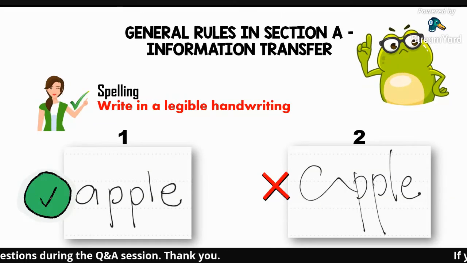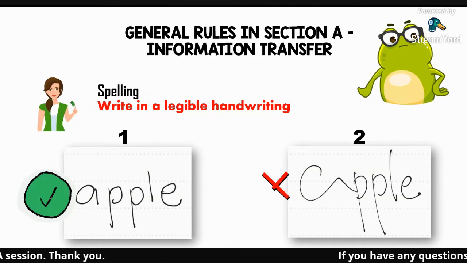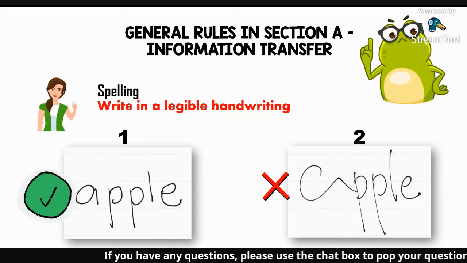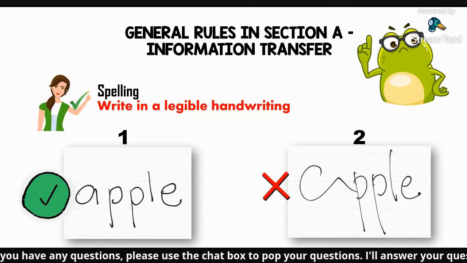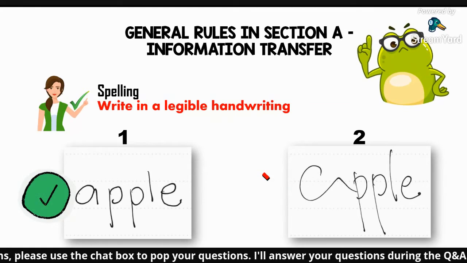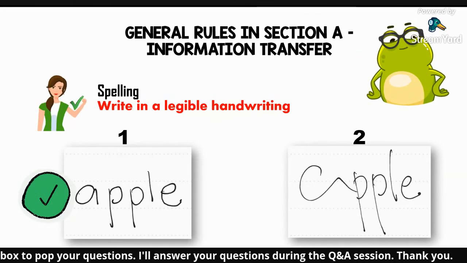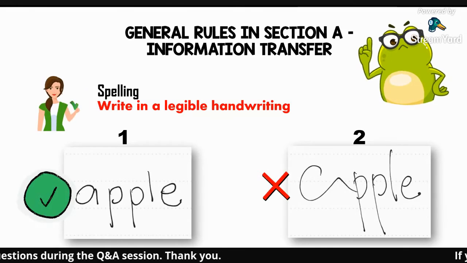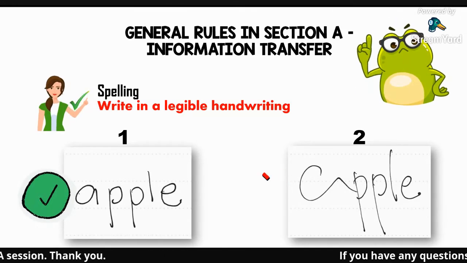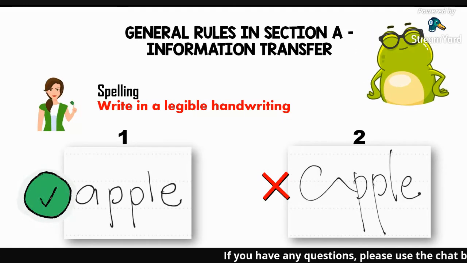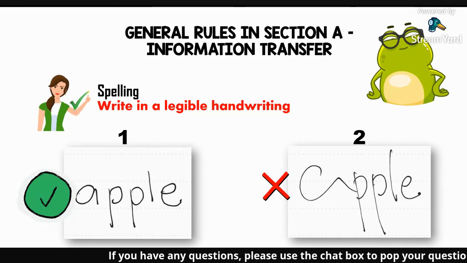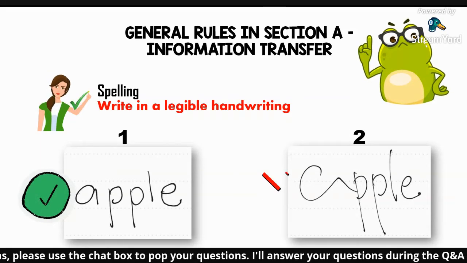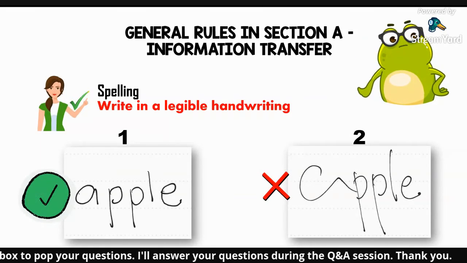When you are writing, your handwriting has to be viewable. It can be read. For example, in the first picture, apple, can you see the letter A, the letter P, P, L, and E? This is a basic thing that you have been learning since kindergarten.